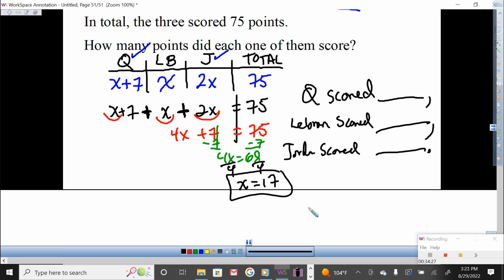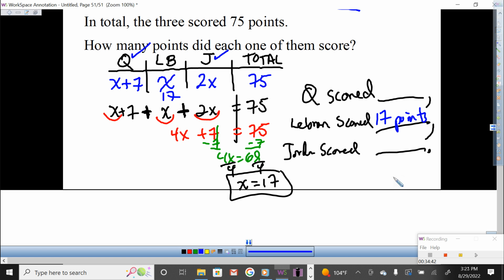All right, so here we go. Who does 17 correspond to? Tell your neighbor, please. LeBron, that goes right here, so I'm going to write here LeBron scored 17 points.